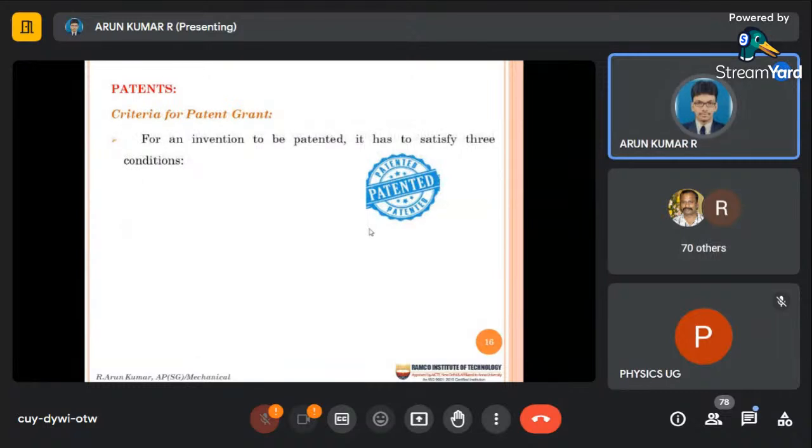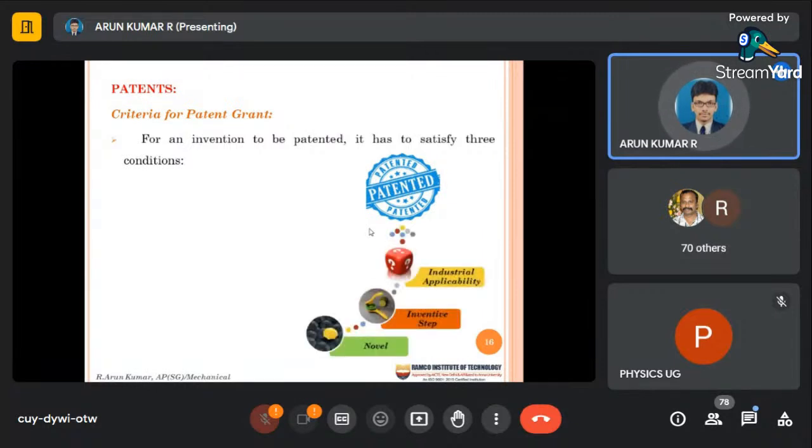And whether every invention or innovation can be protected under patent, yes, there are certain constraints. There are certain non-patentable inventions. Apart from that, all the inventions can be protected under patent, provided it satisfies three criteria, and those three criteria are: novelty, inventive step, and industrial applicability.